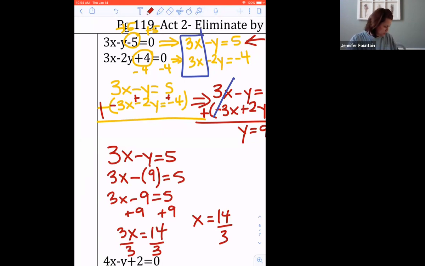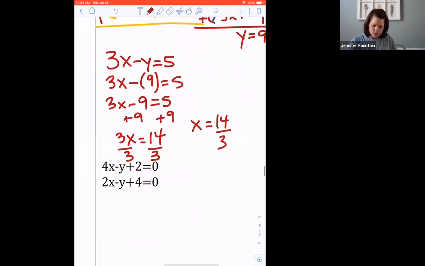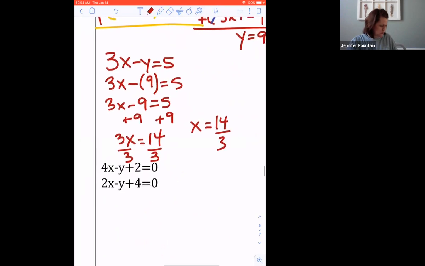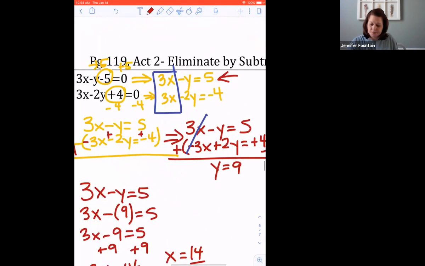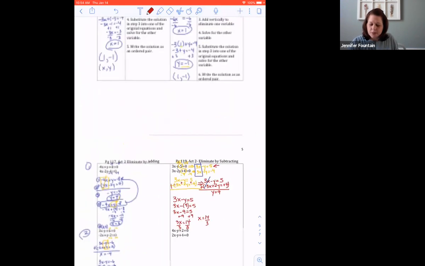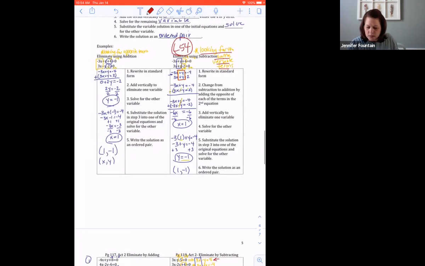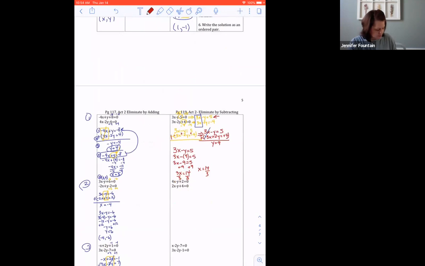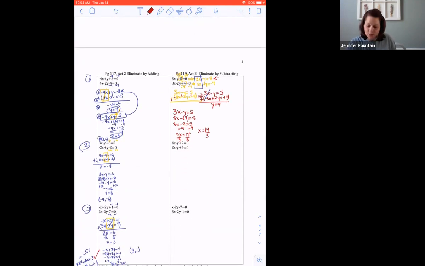Oh, no, 3x minus y minus 5. Okay, y'all, I'm losing my mind. So evidently what I did is somehow, nobody told me I was working the wrong problems.